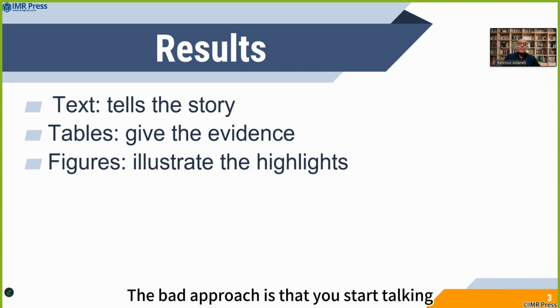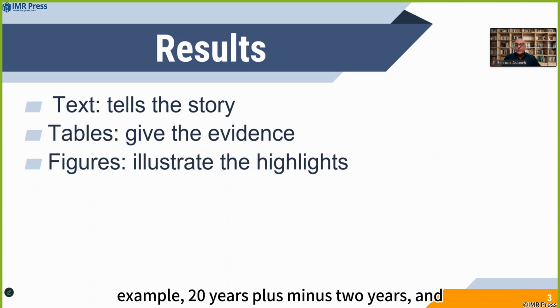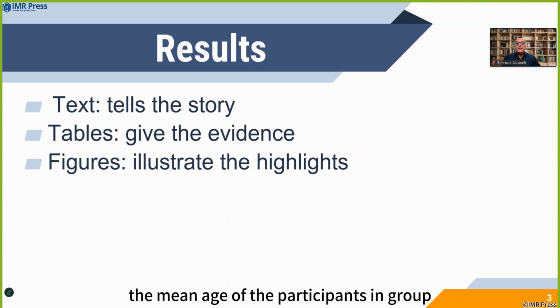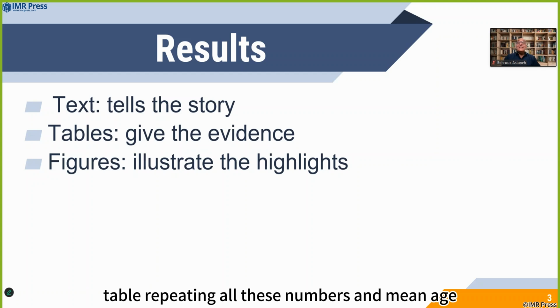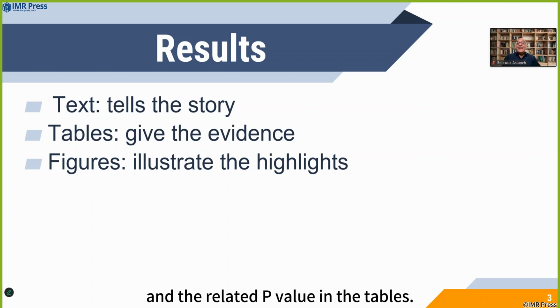The bad approach is that you start talking about all these data in the written part of your results, saying that the mean age of the participants in group 1 was, for example, 20 years plus minus 2 years, and the mean age of the participants in group 2 was 30 years plus minus 3 years, and then again refer the readers to the table, repeating all these numbers, mean ages and the related p-value in the tables.